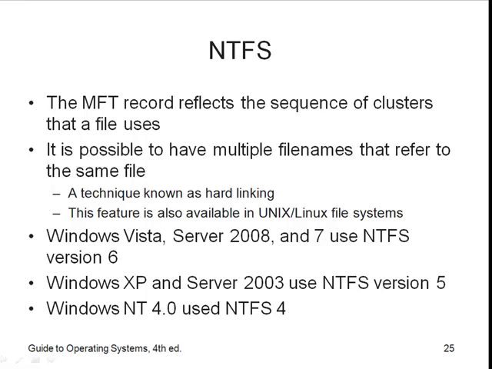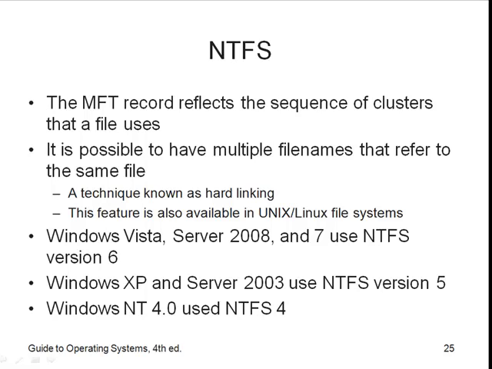Windows Vista, Server 2008, and Windows 7 use NTFS version 6. It is generally the default file system. You can, in some instances, revert back to FAT32 when it asks you what you want to use, but by default, NTFS is the choice for the file system.